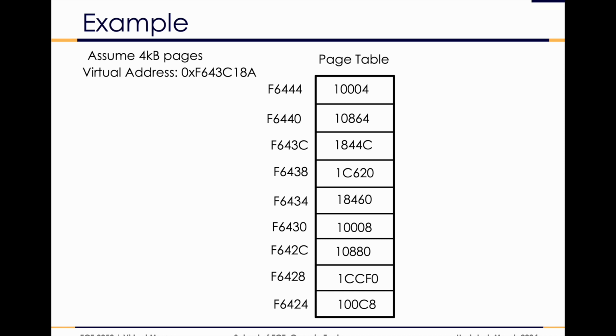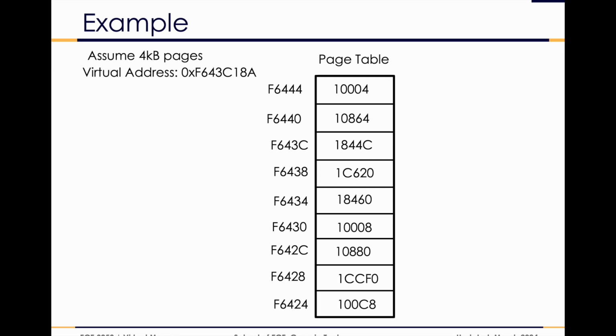Okay, so I'm going to start going over it. The first thing we have to do is split up our virtual address. We find the page offset first, because the number of page offset bits determines what the page offset is, and the remaining bits of the virtual address are the virtual page number, which we use to index into the page table.